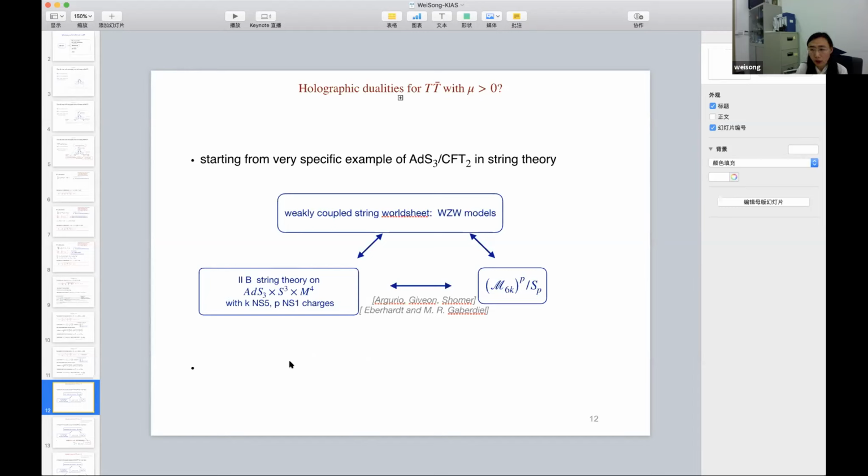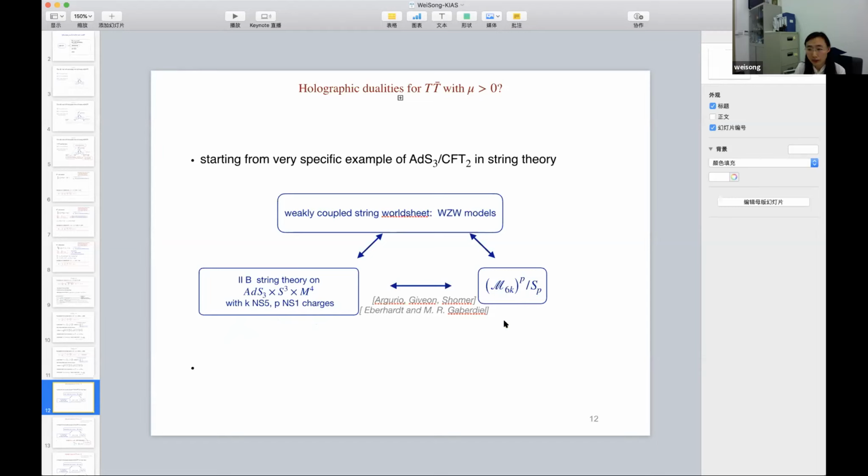In particular, the long string sector of this theory is proposed to be a symmetric product, where this M_6k is a seed CFT with central charge 6k, and p is the number of the NS1 branes.